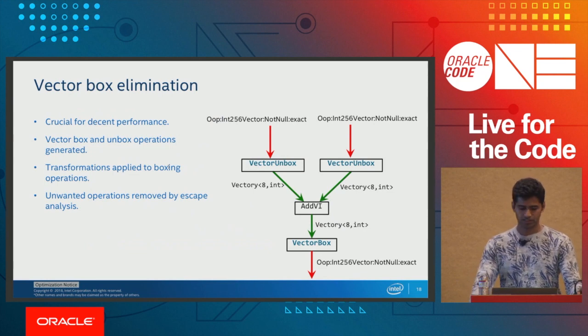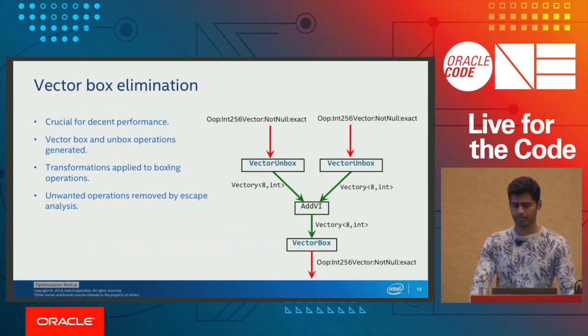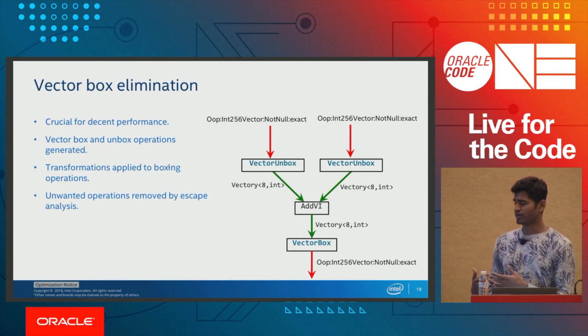Vector box elimination is a very crucial step to get the tight optimized code which we talk about. As you know, since vector objects are just like regular Java objects, we have to wrap every vector value inside an object. And anytime we want to do any operation on vectors, we have to extract those values from objects.